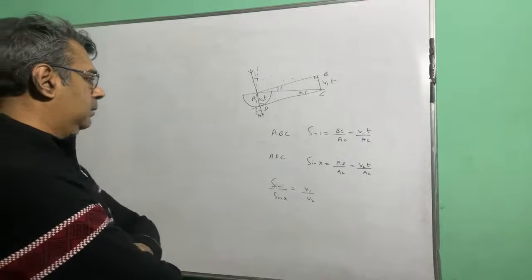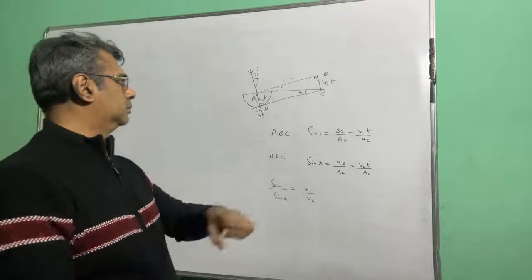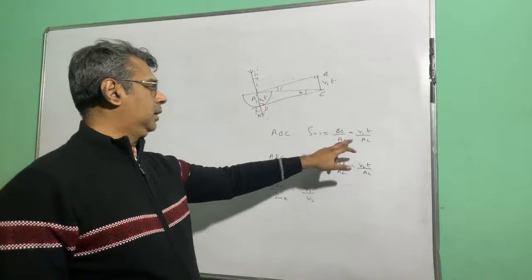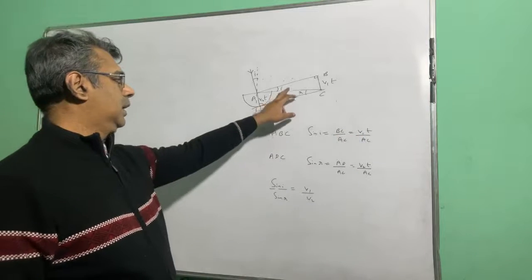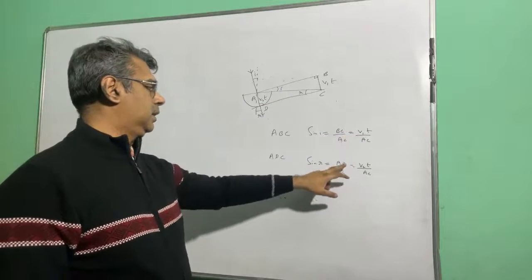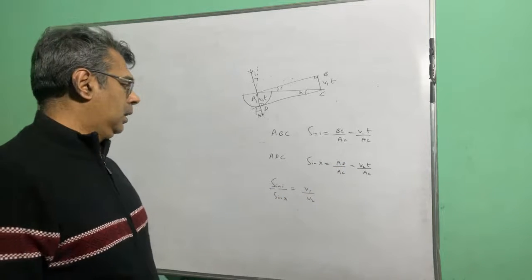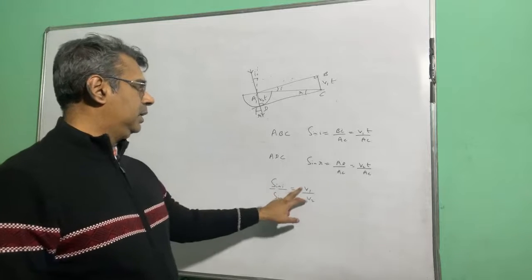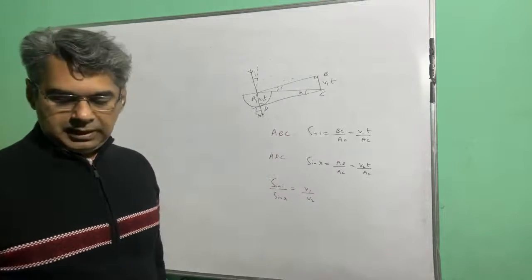So sin I by sin R is equal to V1 by V2. Sin I is V1T by AC, sin R is V2T by AC. Now V1 is the speed in the first medium, V2 is the speed in the second medium.